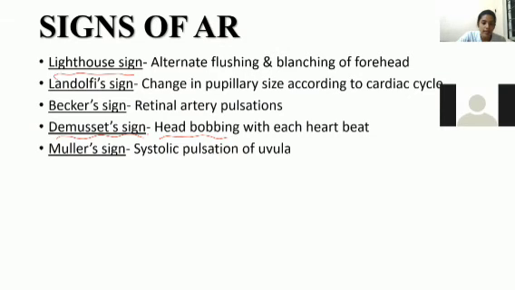Then Muller's sign means systolic pulsation of the uvula. So in the head we saw the lighthouse sign. Then in the eyes, Landolfi sign and Becker's sign. Then the head bobbing is De Musset's sign. Then Muller's sign is in the mouth, that is, the uvula pulsation we can observe. So that is Muller's sign.